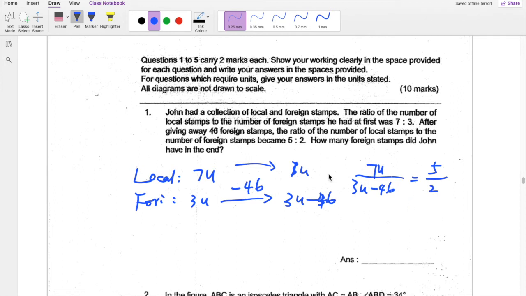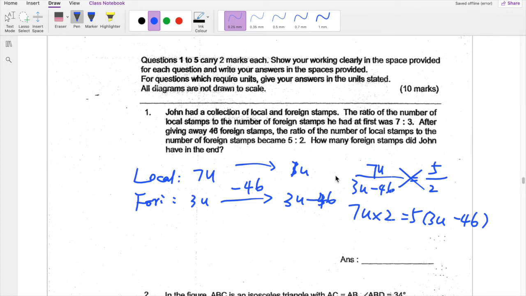Well, one way is that for both sides, we multiply by the lowest common multiples. Another way for this kind of ratio problem is to cross multiply. We use 7U times 2 equals 5 times 3U minus 46. Well, this is just the result of multiplying both sides by 2 times 3U minus 46, right?